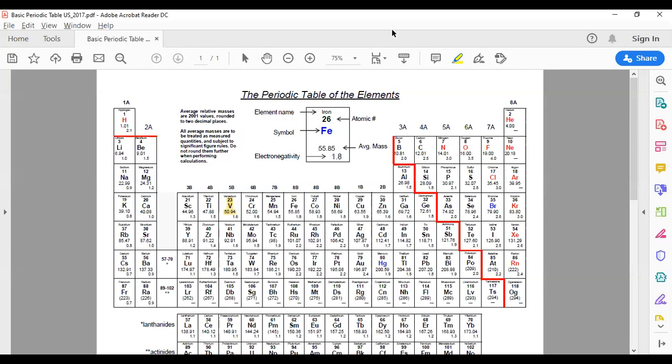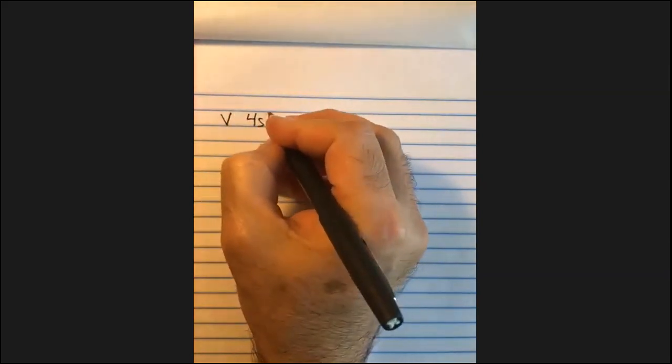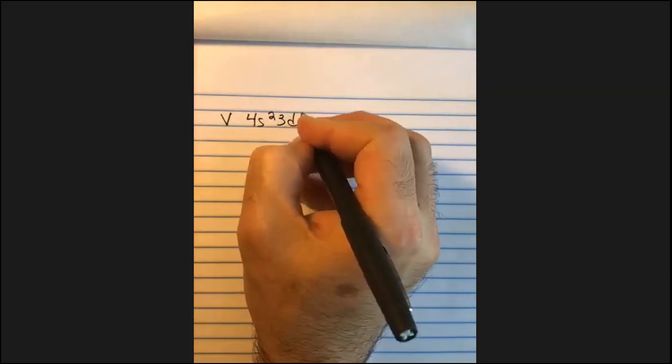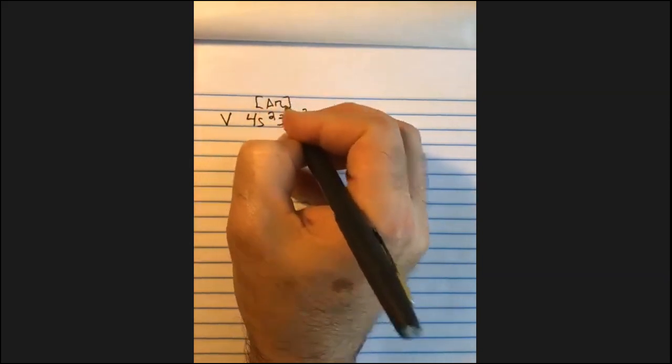Okay, so let's draw these things out. So let's say vanadium is 4s2, 3d3. And of course, we have a core of argon.